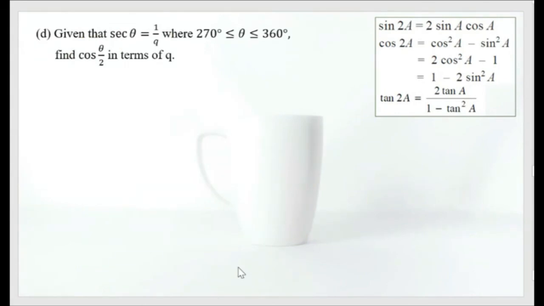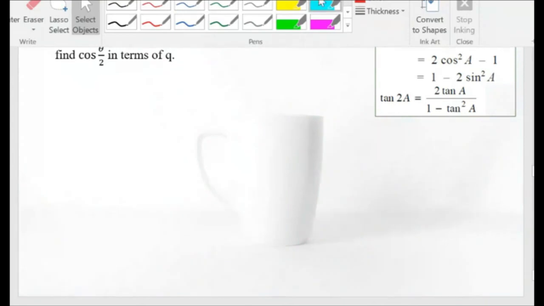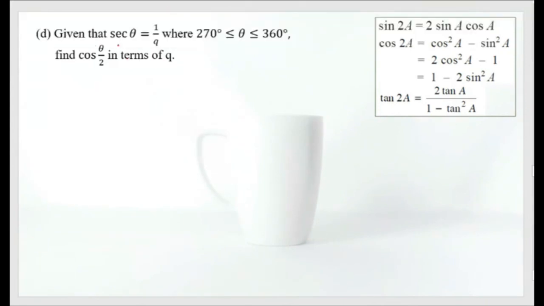So we go to D now. So given you the theta in between 270 to 360. So this one is in 1, 2, 3, 4, quadrant 4. Then secant theta equals 1 over q.